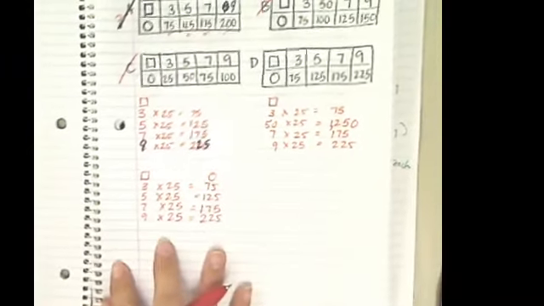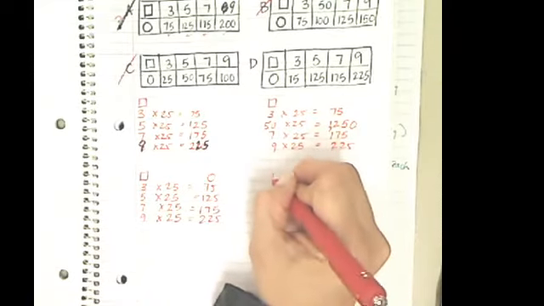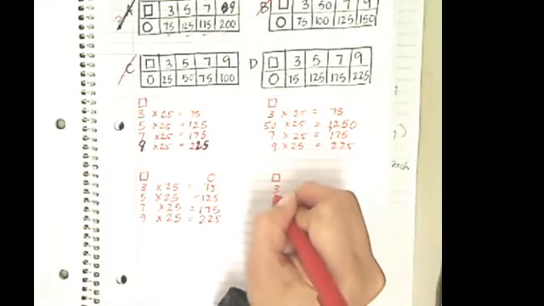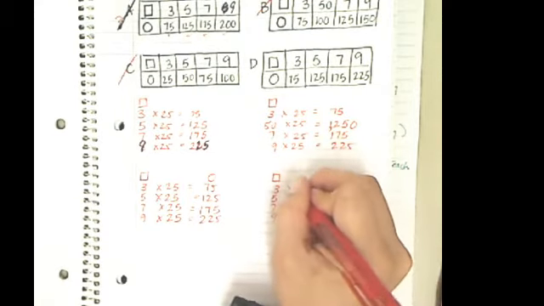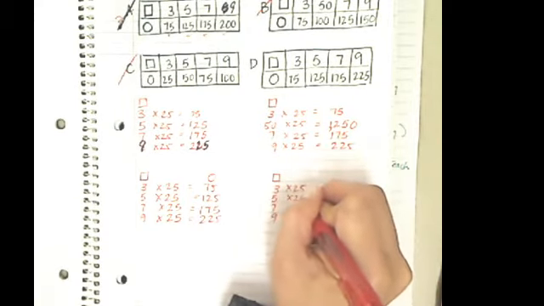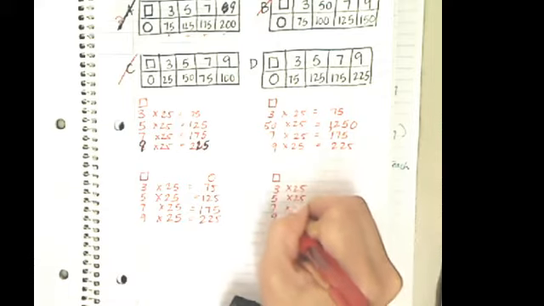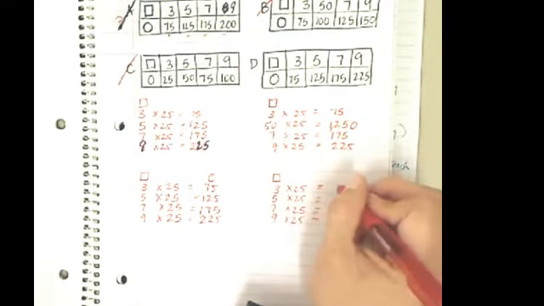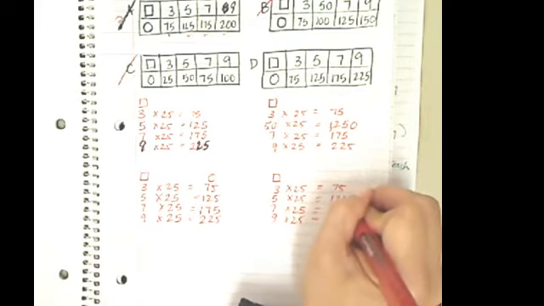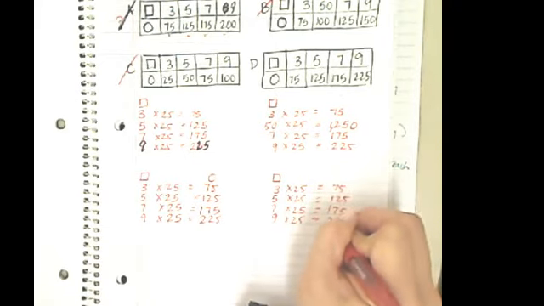Let's try D. Square: 3, 5, 7, and 9. I can take all of these and multiply times 25. Again, 75, 125, 175, 225.